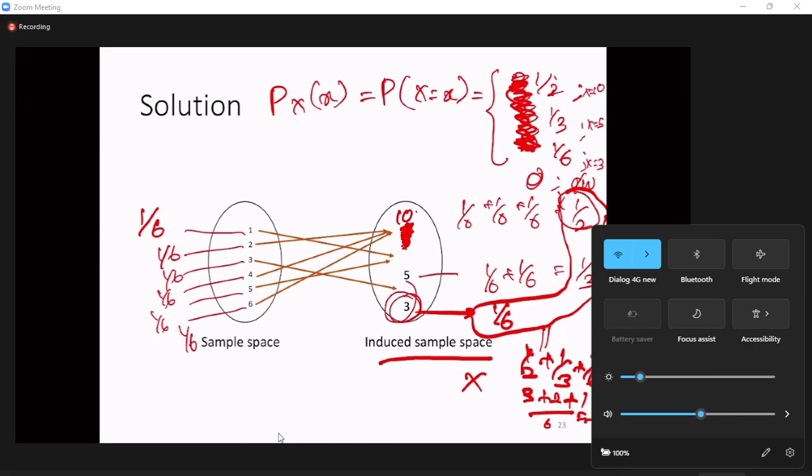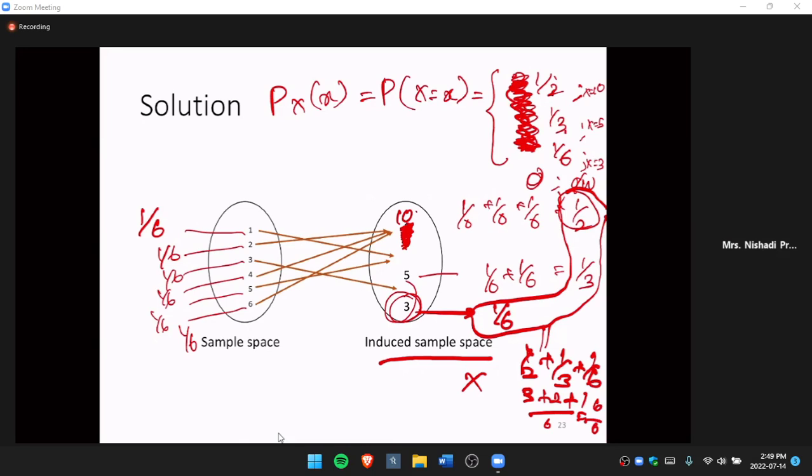When x equals 3, the probability is 1 over 6.